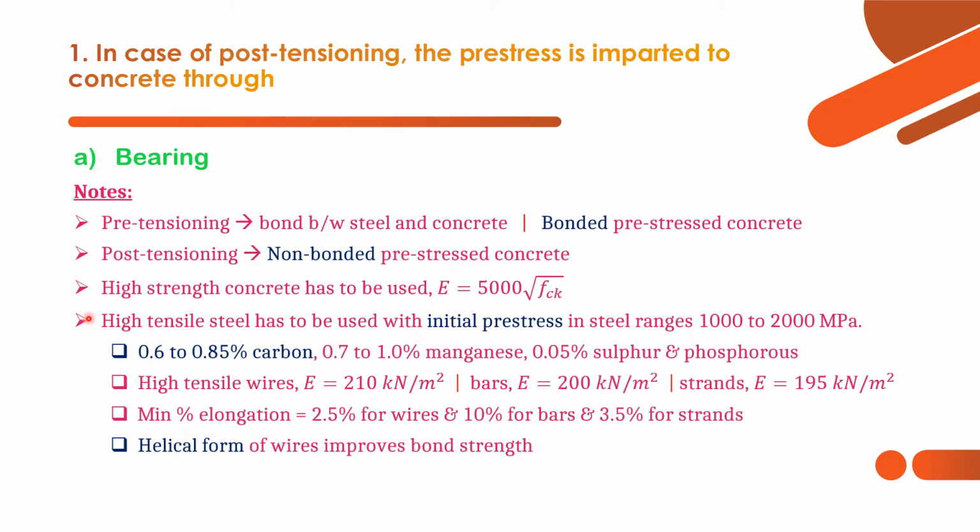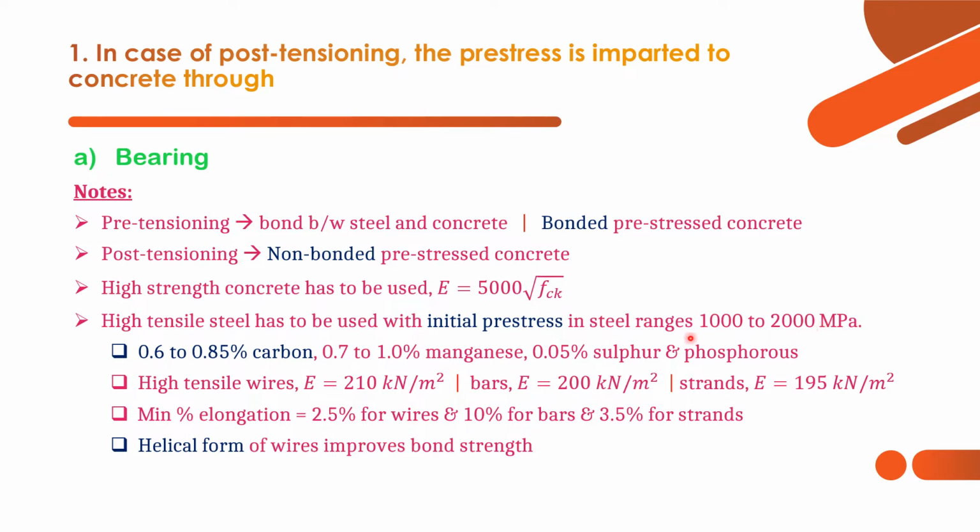Similarly, we have to use high tensile steel. High tensile steel has to be used with initial prestress, which ranges from 1000 to 2000 megapascal or Newton per mm square. So why do we have to use high tensile steel? Because prestressing force will have a loss of around 10 to 15 percentage.